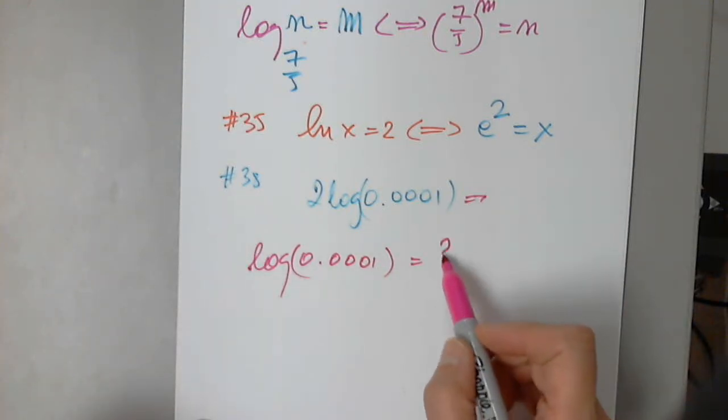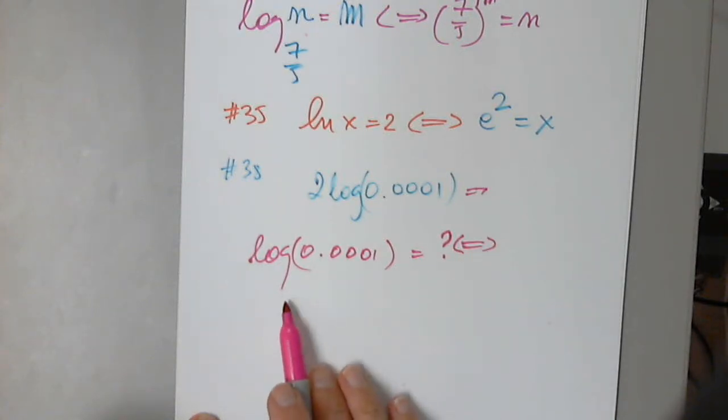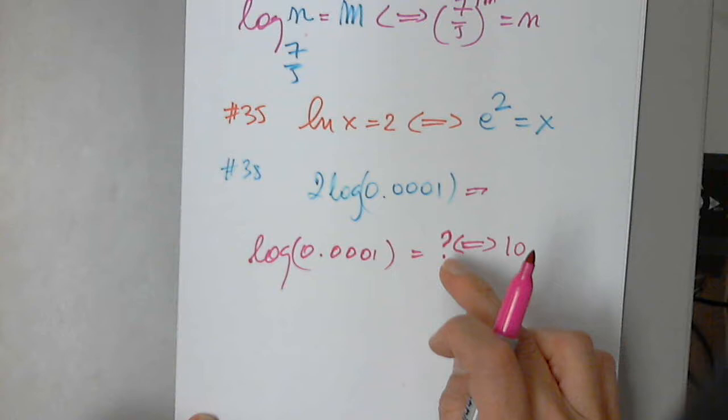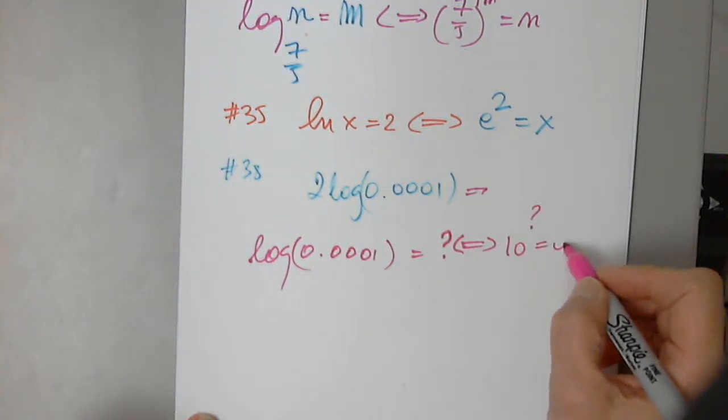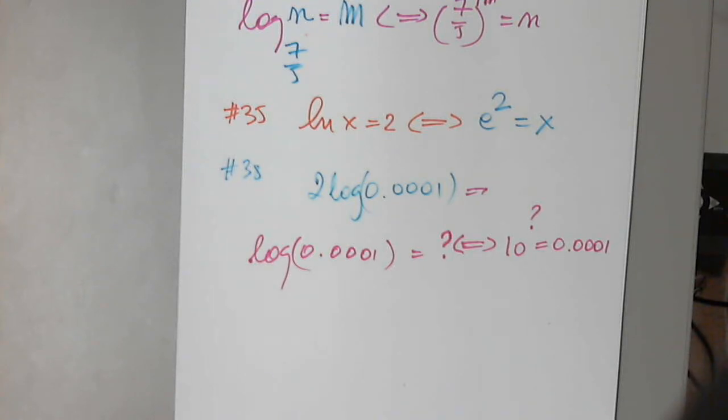I don't know what it is, but I know it's equivalent to base raised to whatever number. I get 0.0001. Since I raised 10 to a number and I get such a small number, the power must be negative.